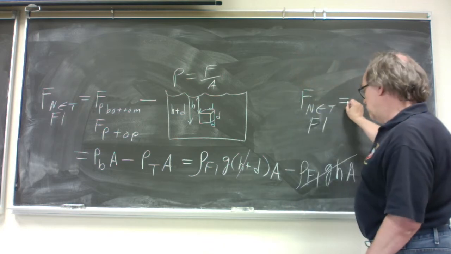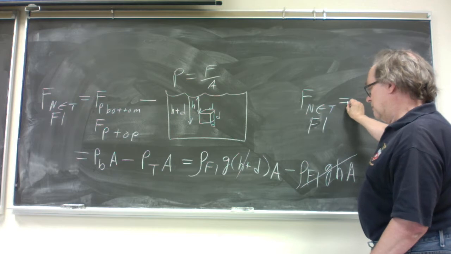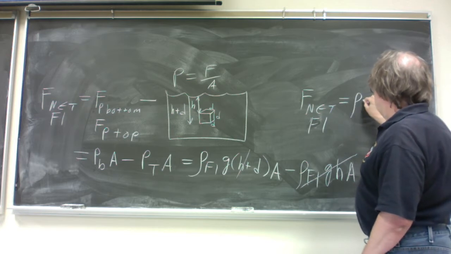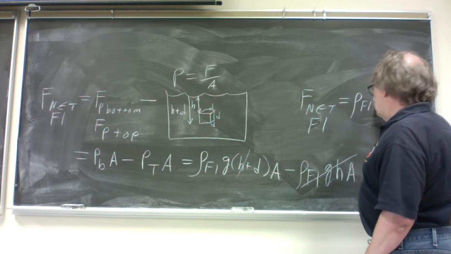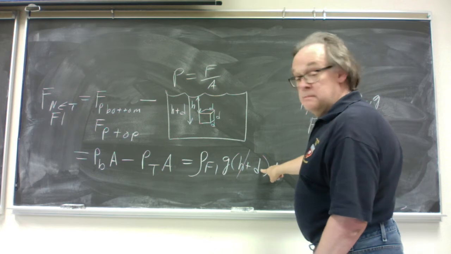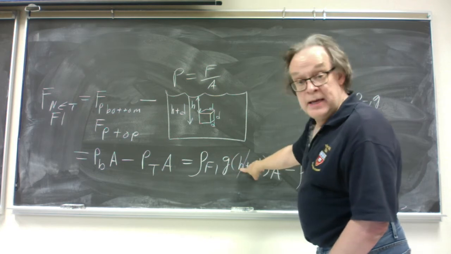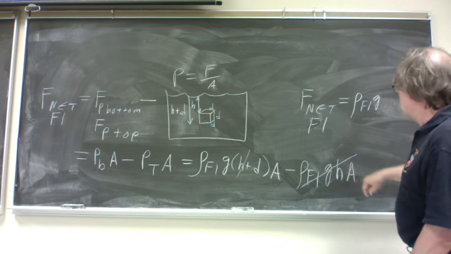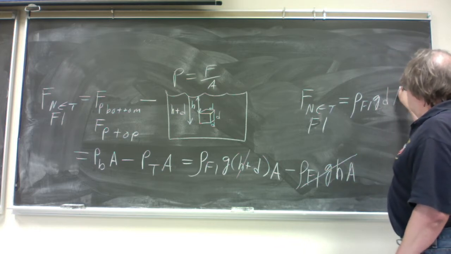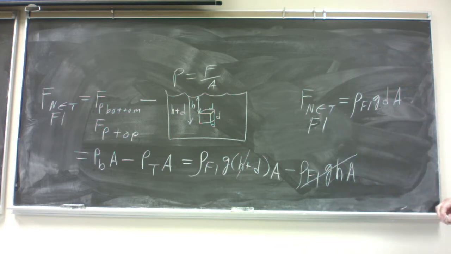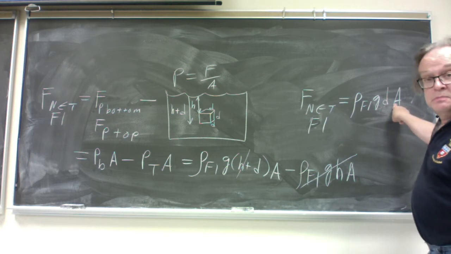So net force from the fluid is just density of the fluid, g times d, right? The term here with h was canceled out by this, and then times area. But the area of any side of this cube is just d times d.